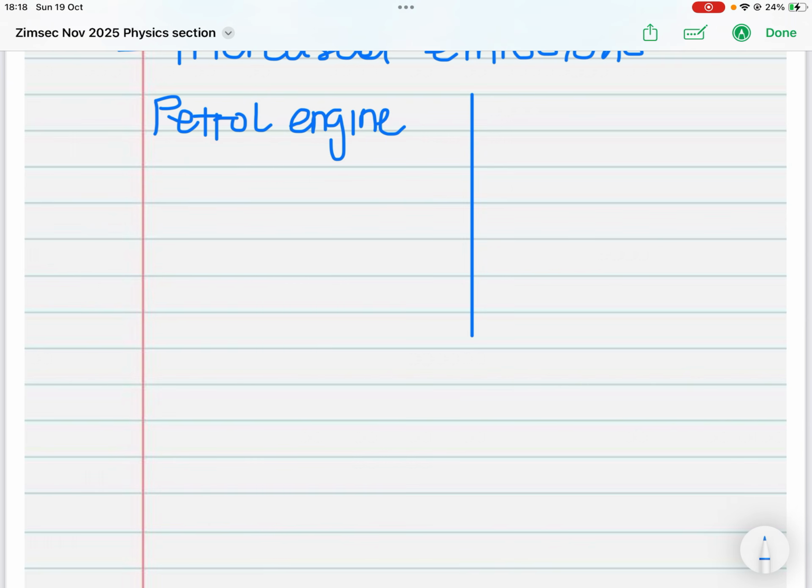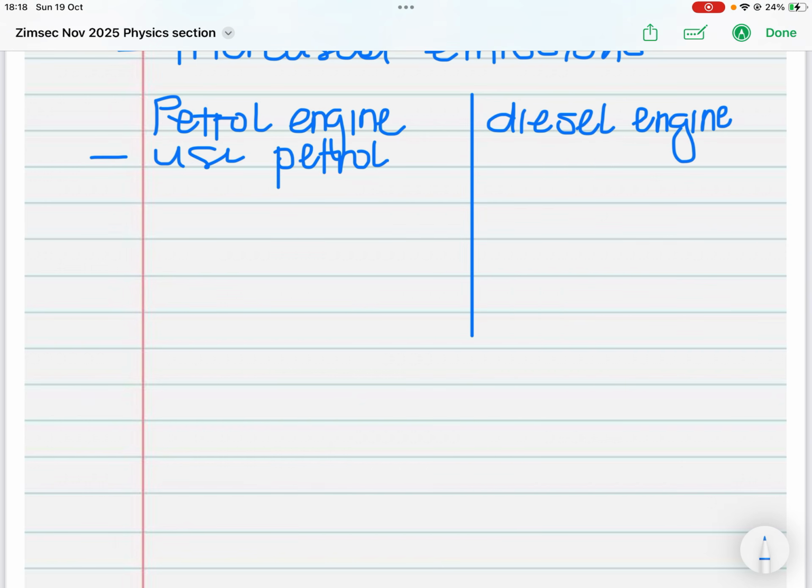This is the petrol engine. And then this is the diesel engine. And then after that, we can do the comparison. So the first one, it uses petrol as fuel. And then this one, it uses diesel as fuel. This is the first difference.